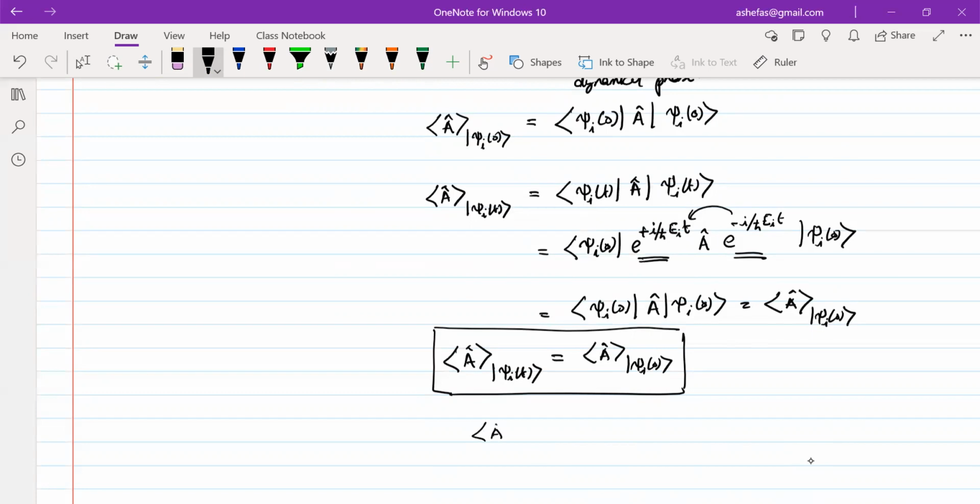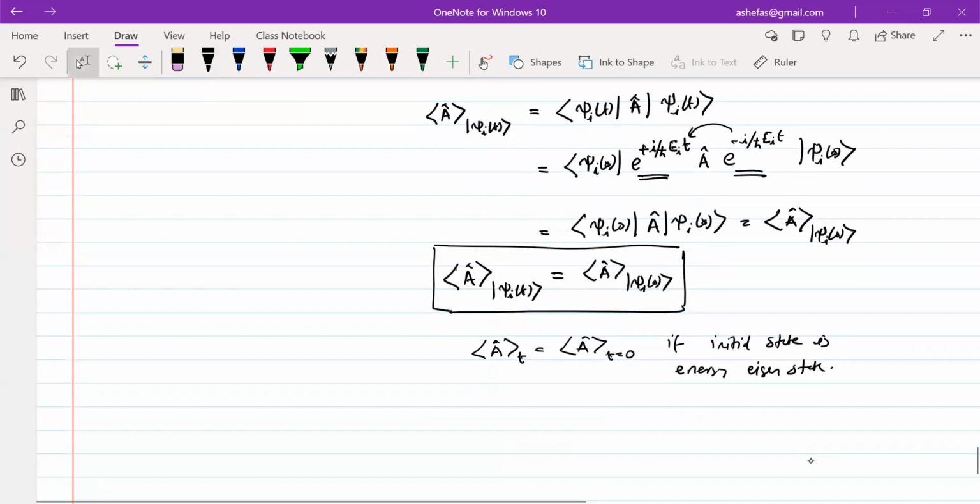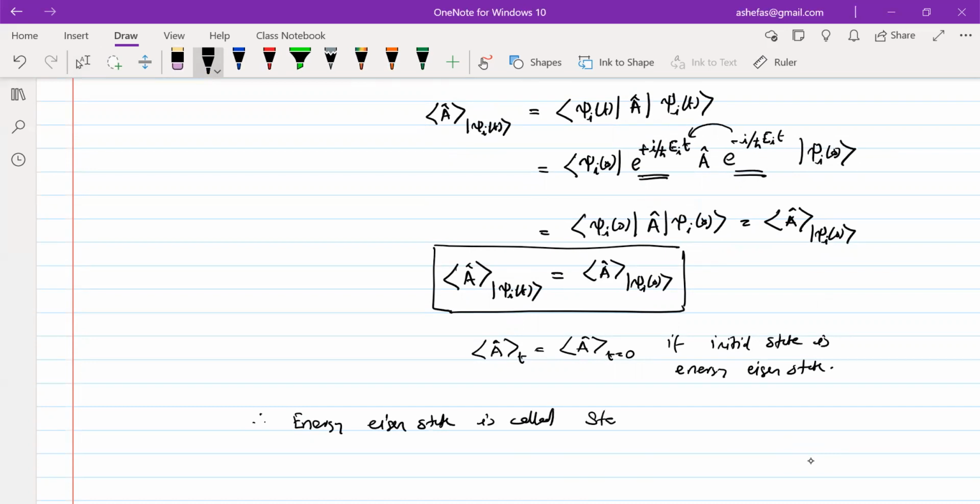That is, the expectation value of the operator at time t is the same as the expectation value of the operator at time 0 if the initial state is an energy eigenstate. Therefore, the energy eigenstates are called stationary states.